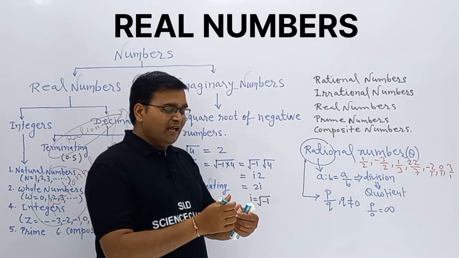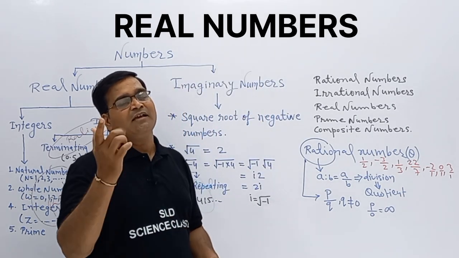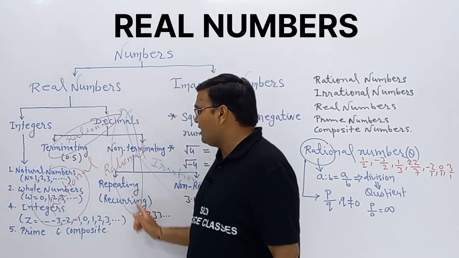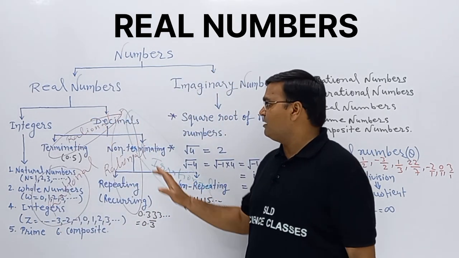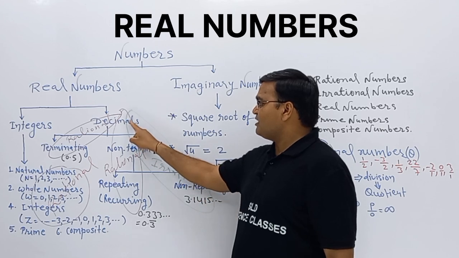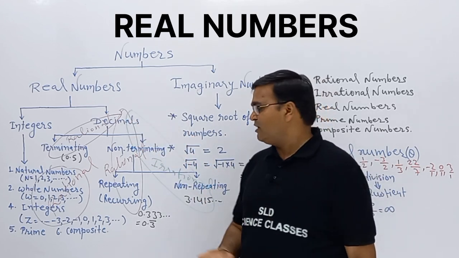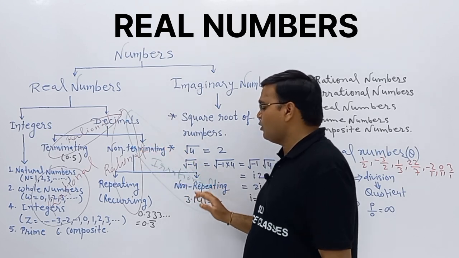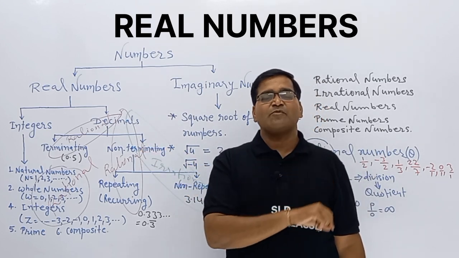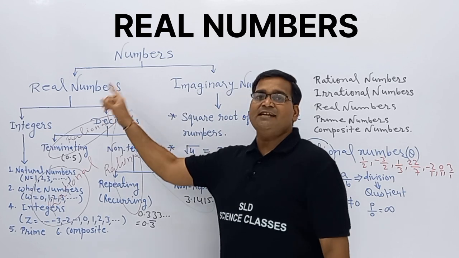Now what is not rational is called irrational. The only thing remaining in the real numbers is the decimal that is non-terminating, non-repeating. In the decimal expansion, if we have non-terminating, non-repeating, then these types of numbers are called irrational numbers.